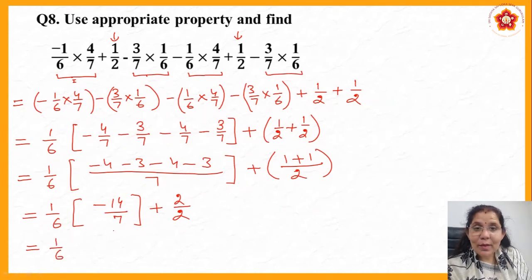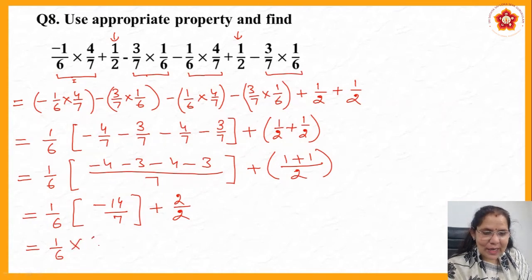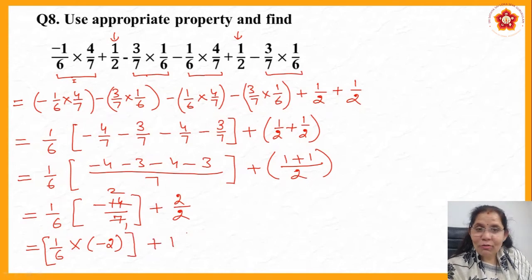Can we simplify the bracket? Minus 14 upon 7. What will we get? It will be minus 2 because 7 2s are 14. This whole is one bracket and 2 upon 2 is 1. Now solve it further. Minus 2 upon 6, and always be careful about the bracket.